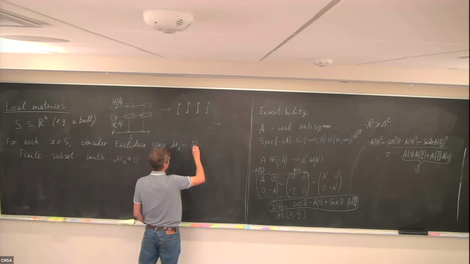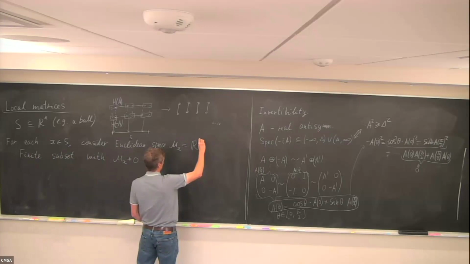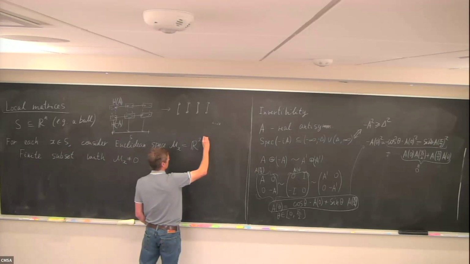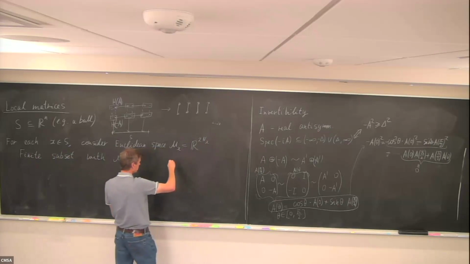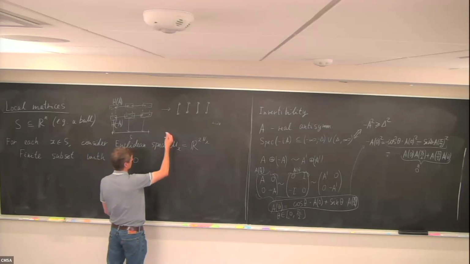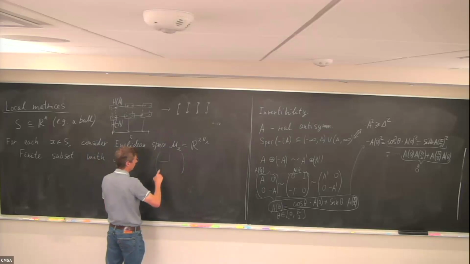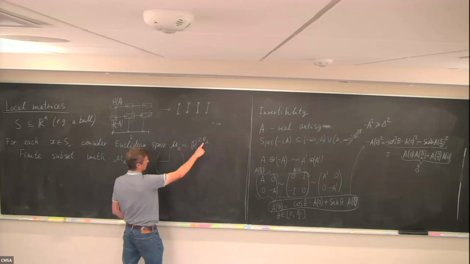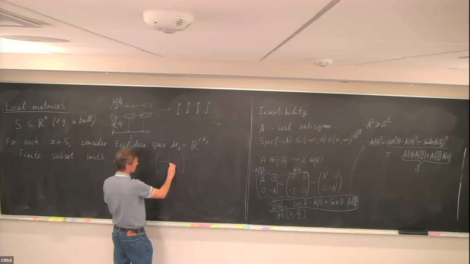Those spaces can be R to 2 and sub x, and if we have some metrics for a particular choice of n sub x, we can enlarge this matrix by adding this template.